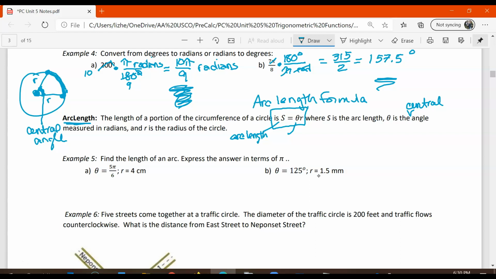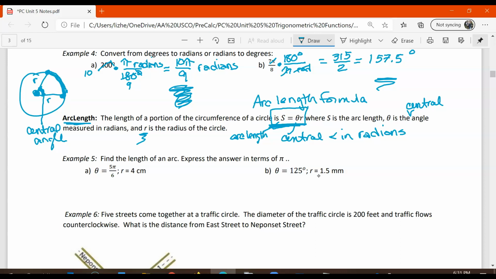So, okay. Anyhow, and R is the radius of the circle. So this formula is way easier, and we're in radians here. So this is the central angle in radians. If you go in degrees, it's a lot harder. So we always want to change to radians when we use this. Example 5, find the length of an arc.